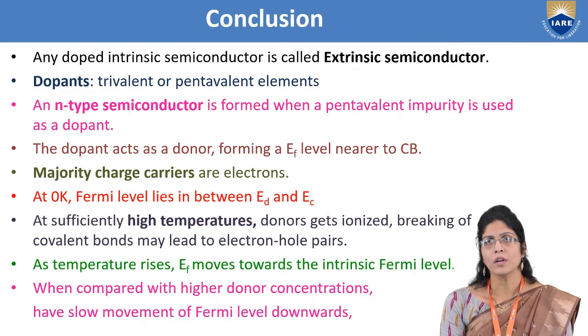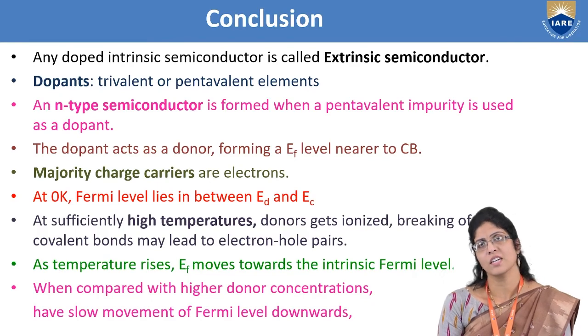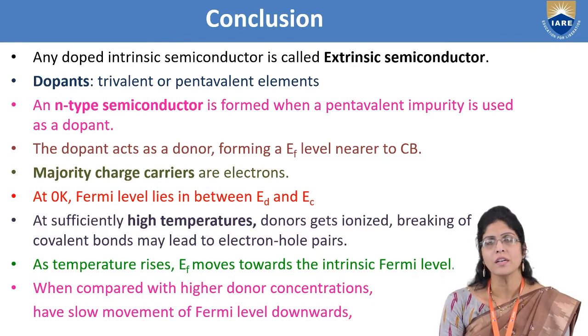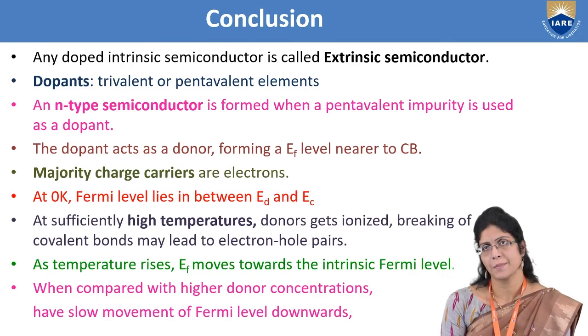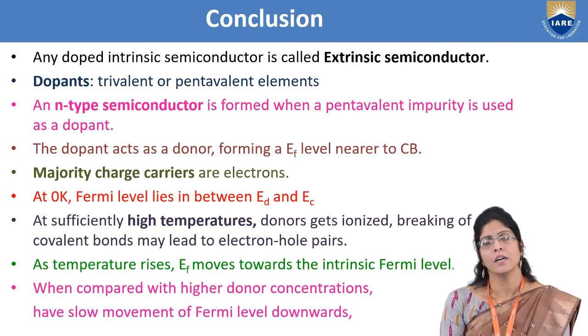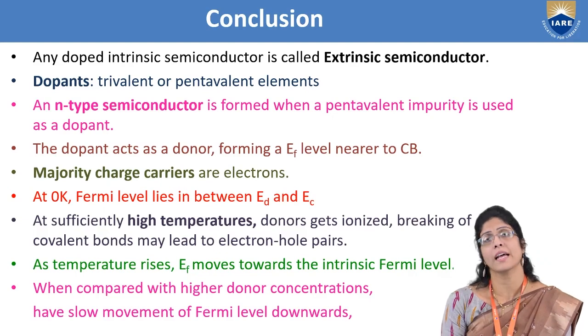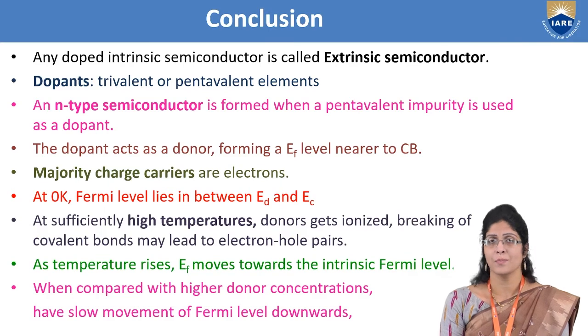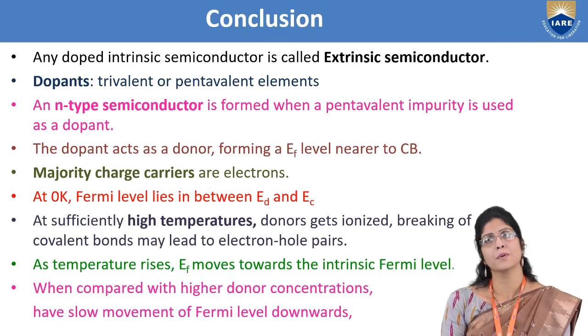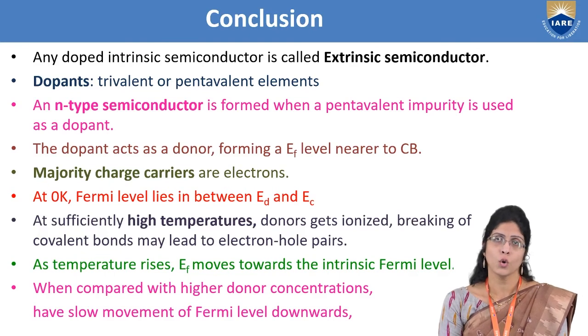And holding on to this discussion, I want to give a conclusion that an extrinsic semiconductor is any doped intrinsic semiconductor, with either a pentavalent impurity or a trivalent impurity. These impurities are known as dopants, and the process of adding the dopants is known as doping.